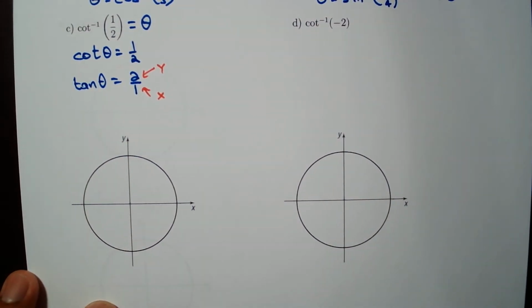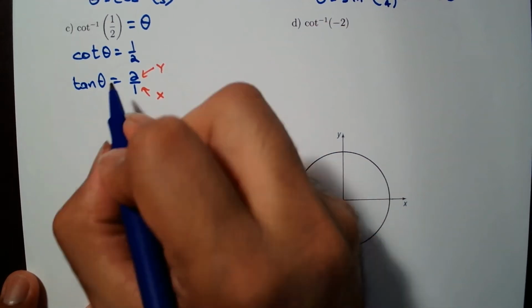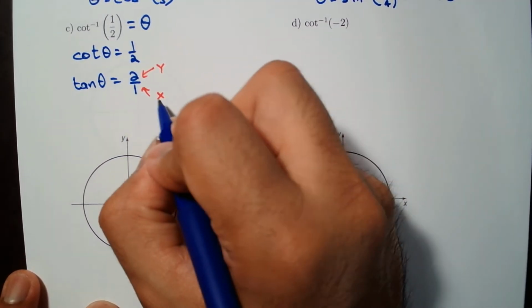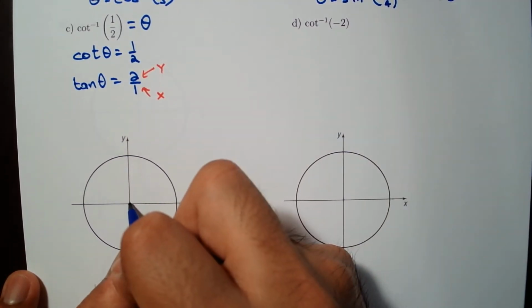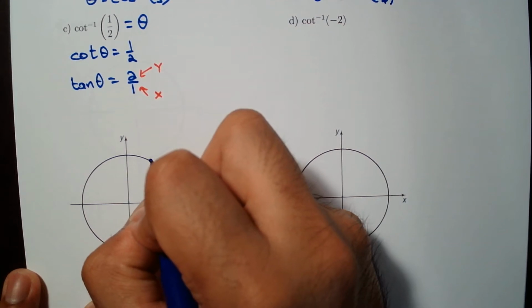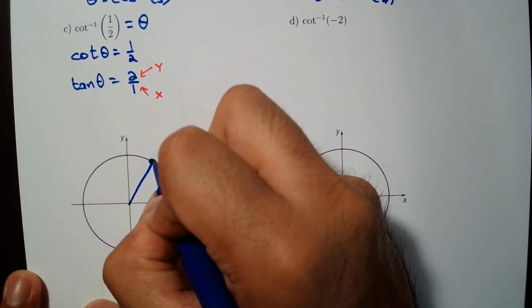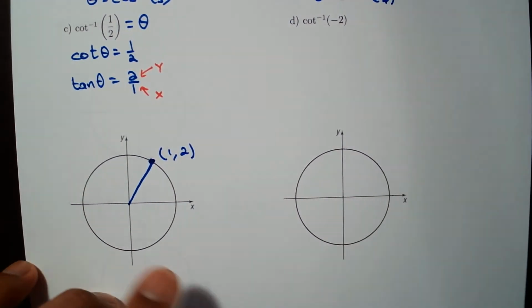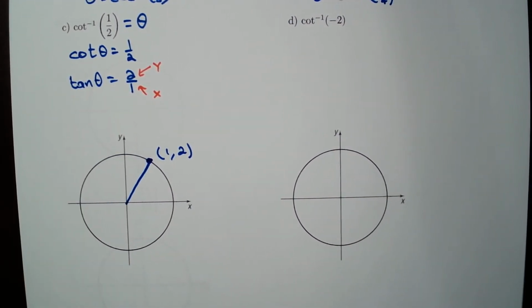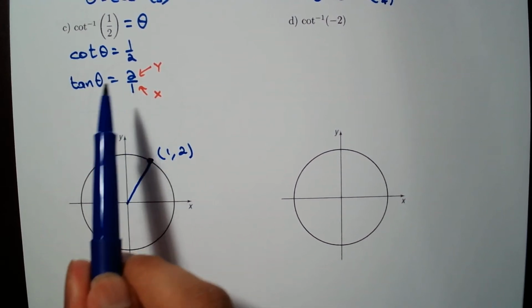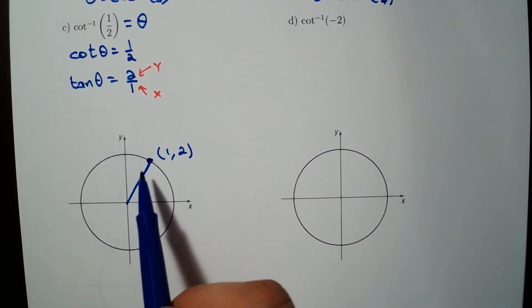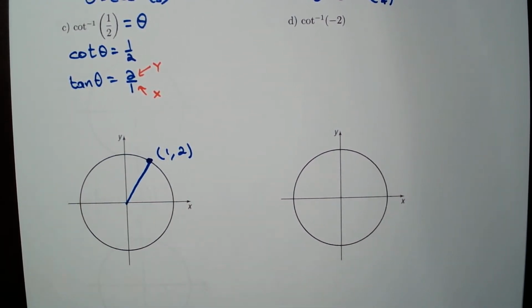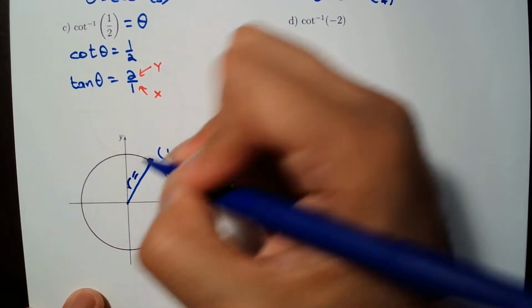So that means I need to go to this point 1 comma 2, which is somewhere here. All right. But in order to find cosine, I need to find the radius of that circle.